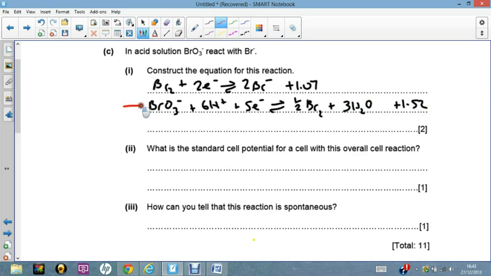This one's the more positive, so that's going to go forwards. This one's going to go backwards, so it's going to change to this. And for the overall equation, I'm also going to need to multiply this one by 2 to get the electrons up to 10, and this one by 5.